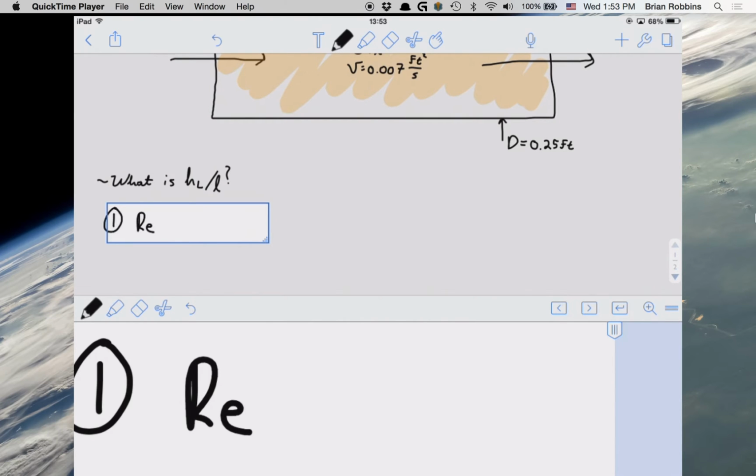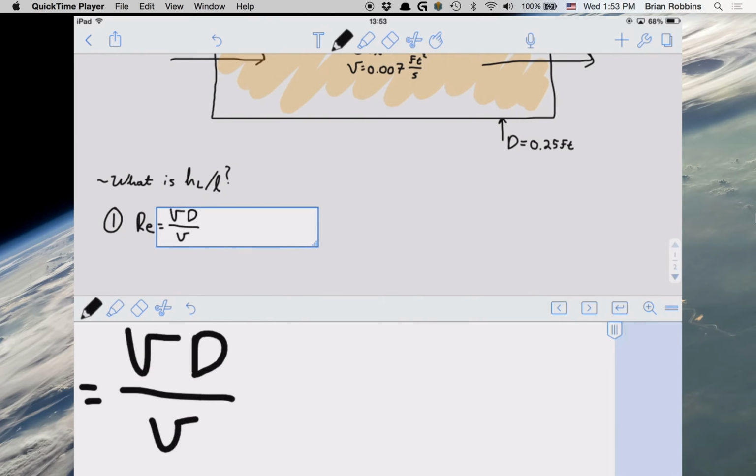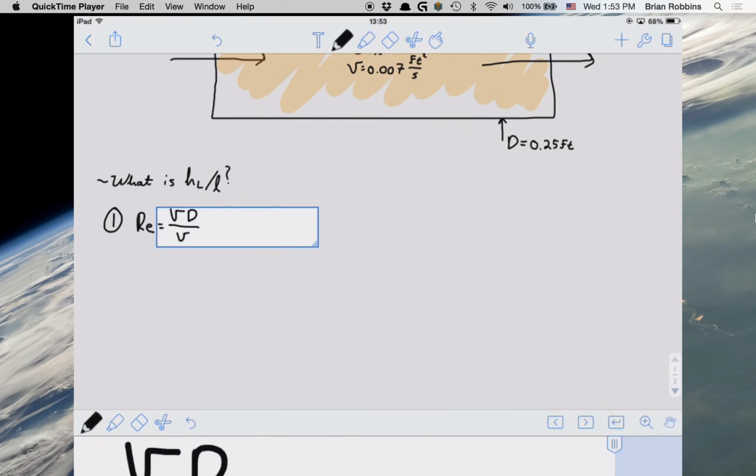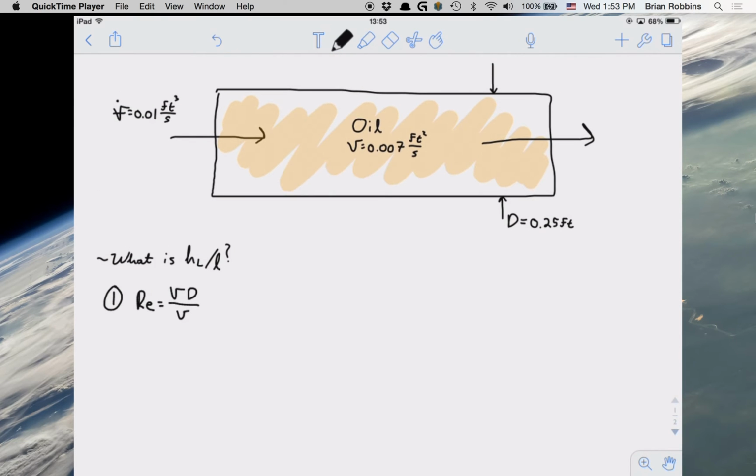So our Reynolds number is equal to velocity times diameter divided by our kinematic viscosity, nu. Now, in our problem we're given the volumetric flow rate, not the velocity of the free flow.